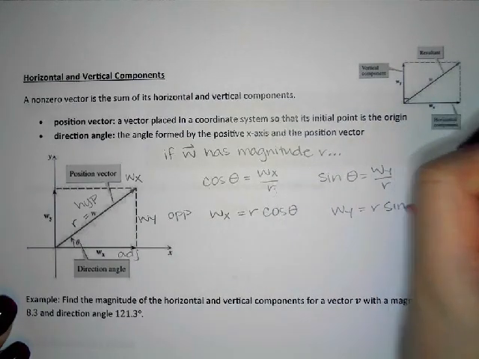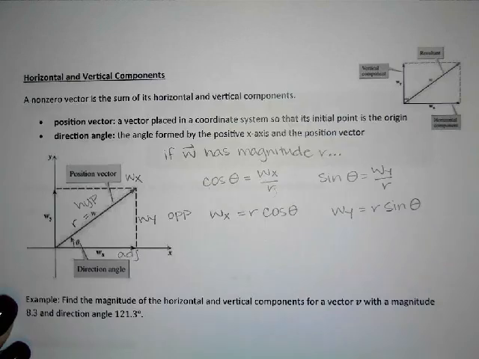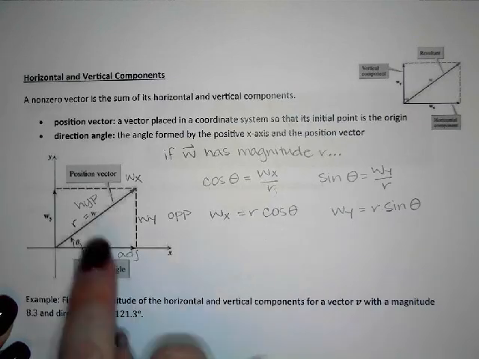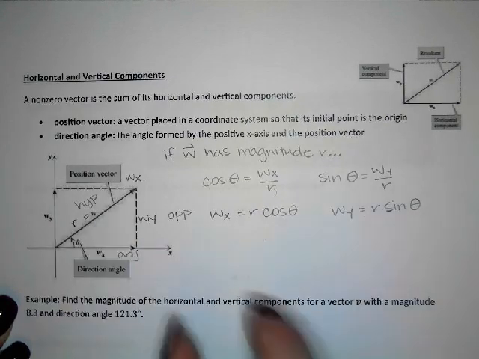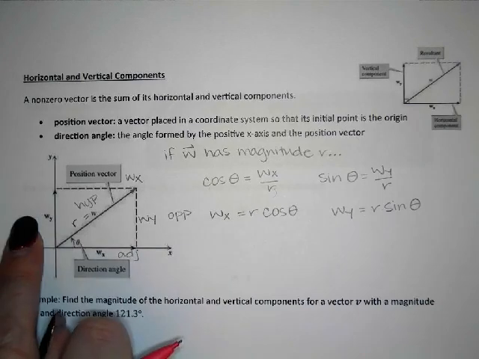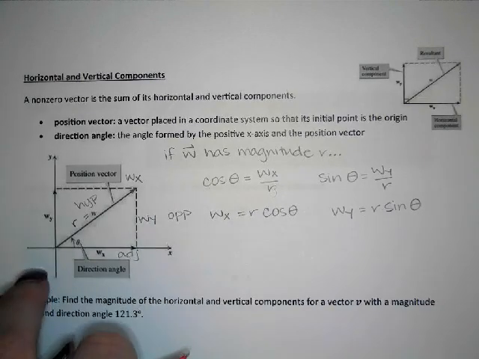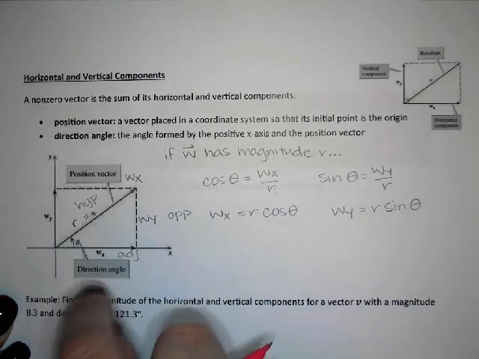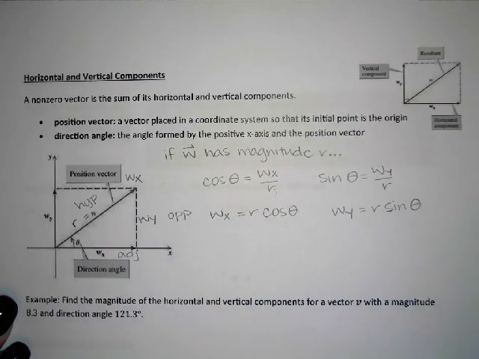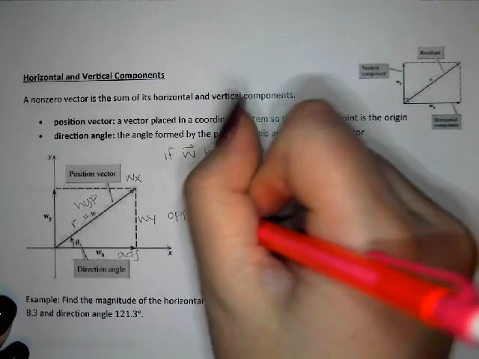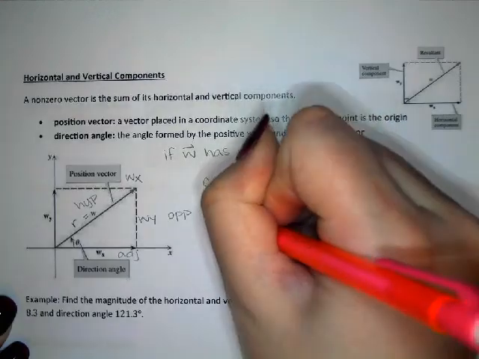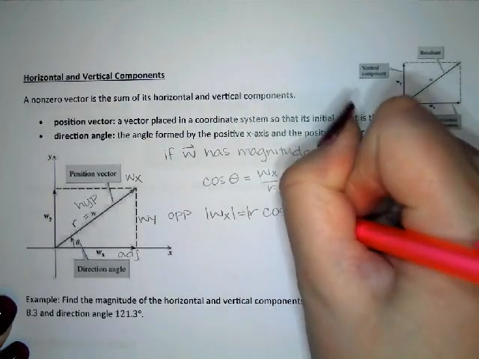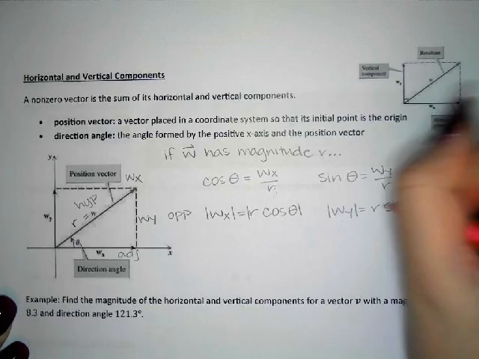And I drew this in the first quadrant, but we know that we could have drawn this in the second quadrant, the third quadrant, or the fourth quadrant, which means we can get positive values and negative values depending on what quadrant we're in. And so I'm just going to put an absolute value around these to say these values could be positive, they could be negative, because all of the quadrants are going to work.